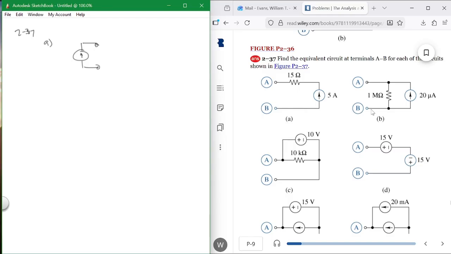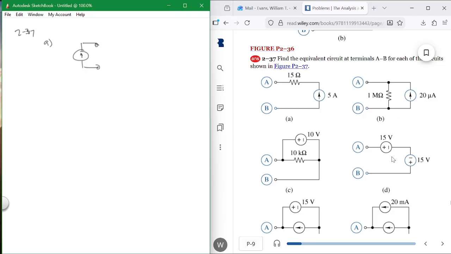What about this one? Well, that's Norton. Flip it to Thevenin by doing what? This is a voltage supply, this times this, and then you move the resistor up to the top. What's this one? Just the resistor goes away. What about this one?